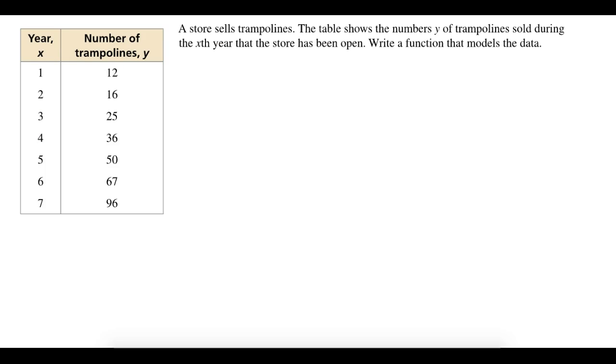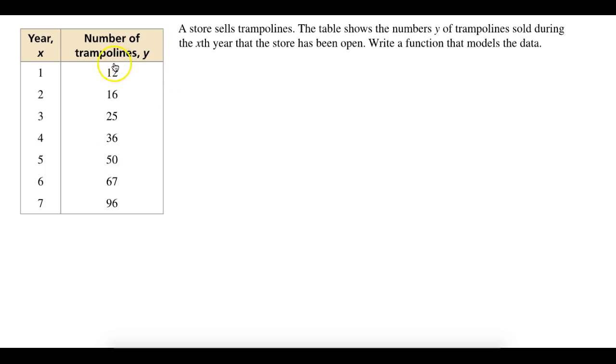For our second example of this video, we're going to do a similar type of problem, but now we're going to pull our data from a data table. Here we've got a table, and this shows the number of trampolines that a store has sold during its different years of existence.